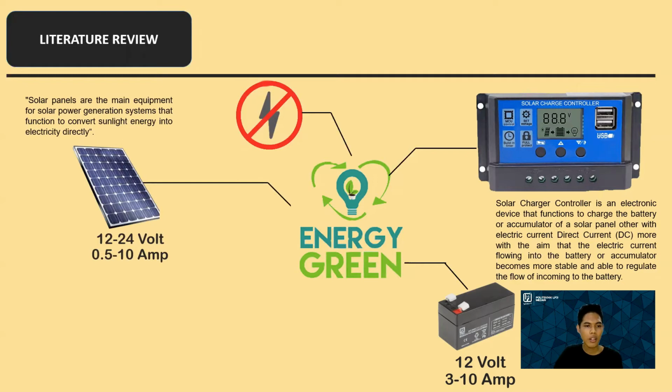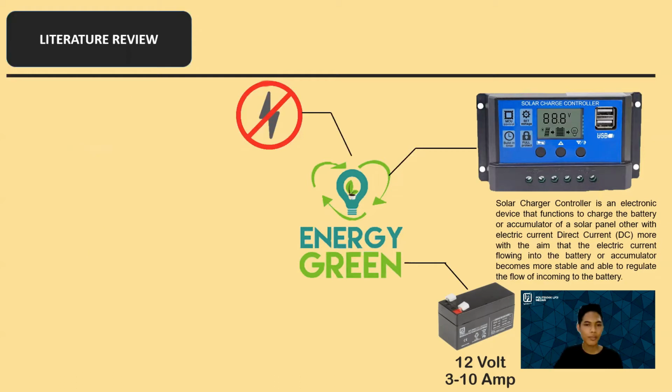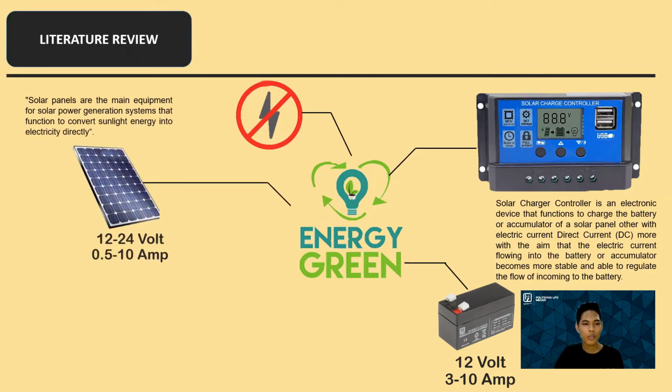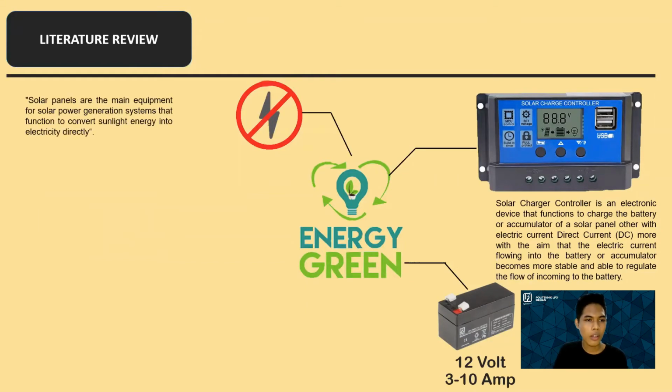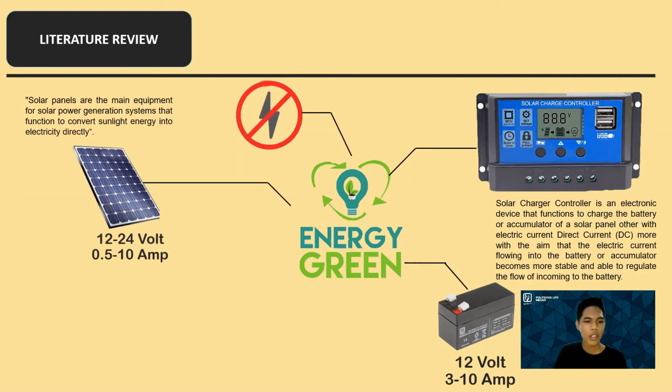And the solar panel is 12 volt to 20 volt, and the current is 0.5 to 10 amps maximum.